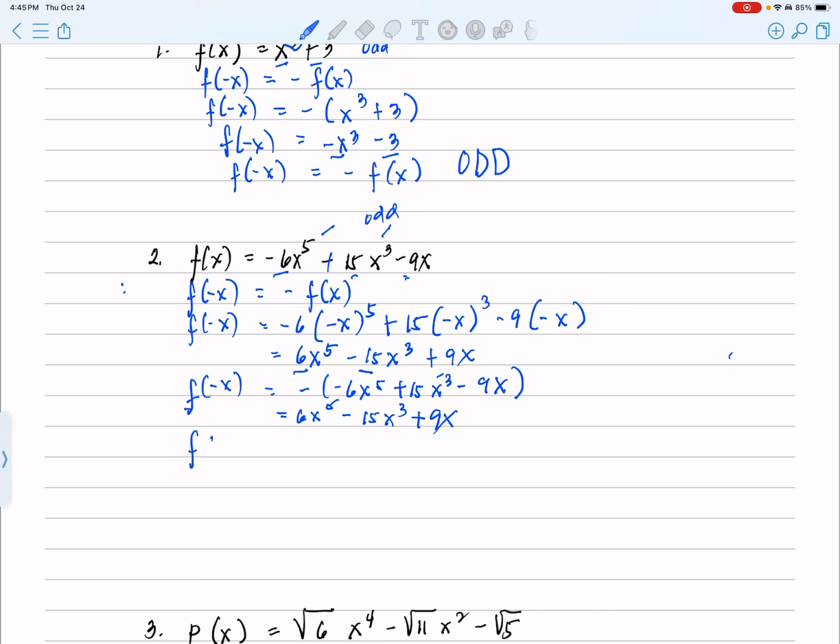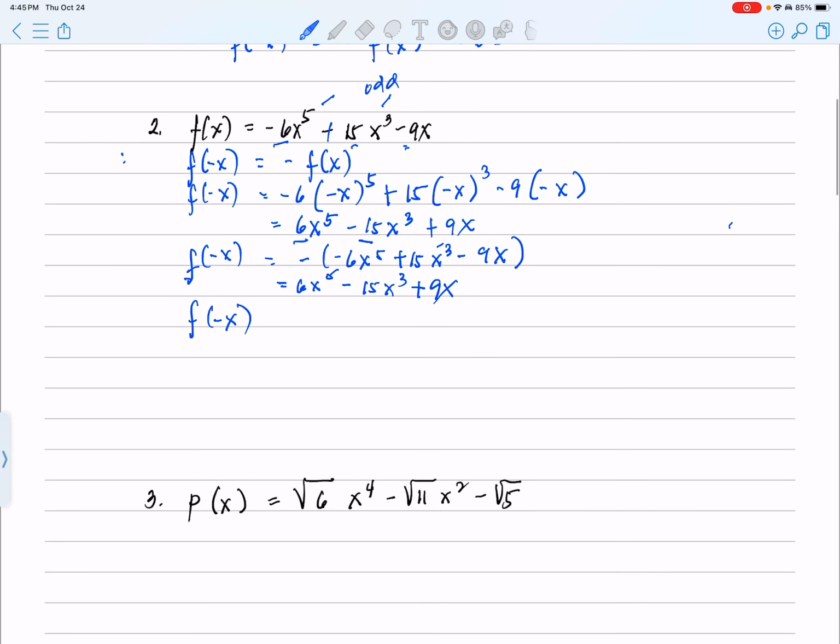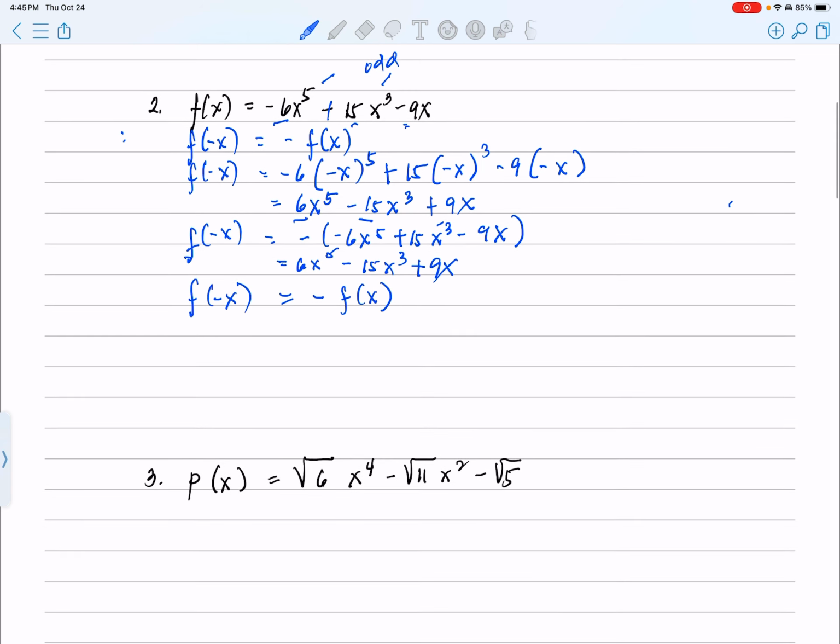So I could say that the function of negative x is equal to the negative of the function of x. All right, you have that, because this is the negative of the given function.